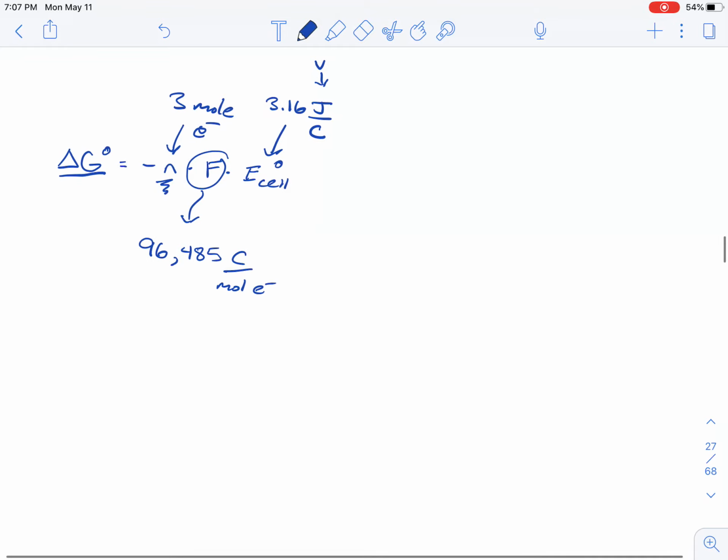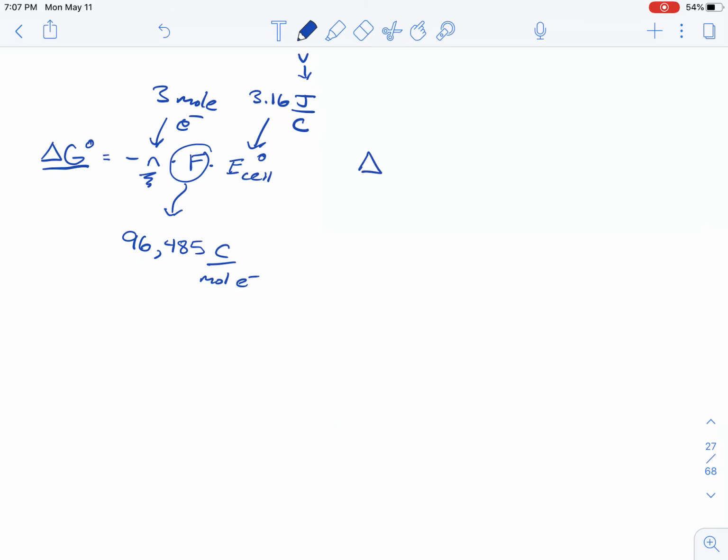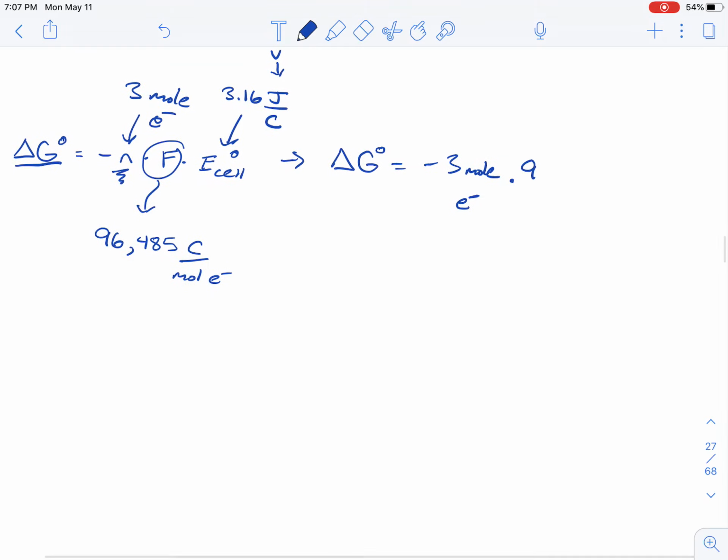So that I have delta G under standard conditions is going to equal to negative 3 moles of electron times this by 96,485 Coulomb per mole of electron. And so this needs to be multiplied by 3.16 joules per Coulomb.